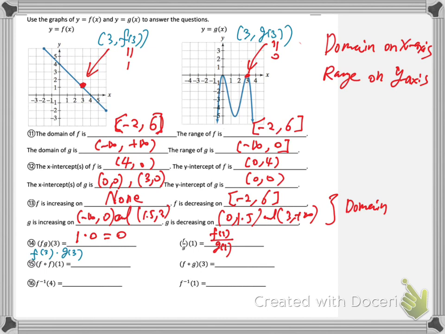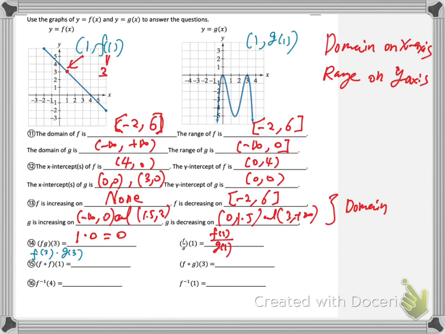Now this time we need to find f of 1 and g of 1 on the picture. For f of 1, we need (1, f of 1), and for g of 1, we need (1, g of 1). So where's (1, f of 1)? This point, right? It's (1, 3), so this is 3. And where is (1, g of 1)?